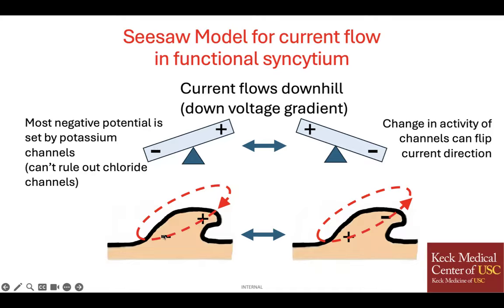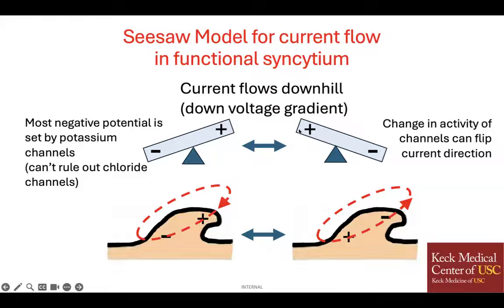Looking at this, the negative region we think is at the base where there are potassium channels. And the tip is going to be slightly positive because current is flowing into that region, which will depolarize that region, that is, make the voltage less negative. So there is a voltage gradient within the tissue, which leads current to flow within this tissue.